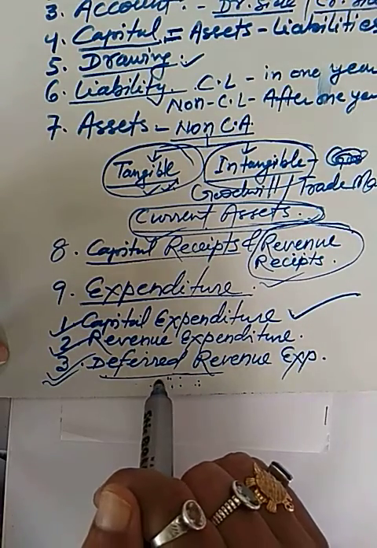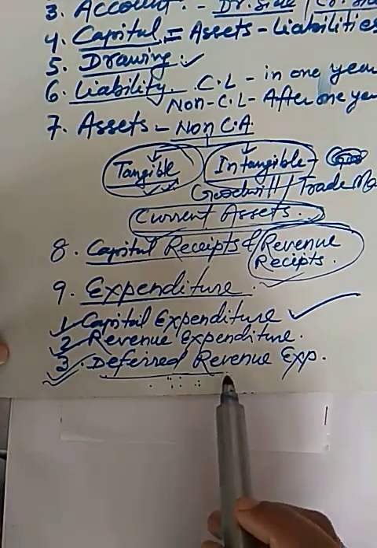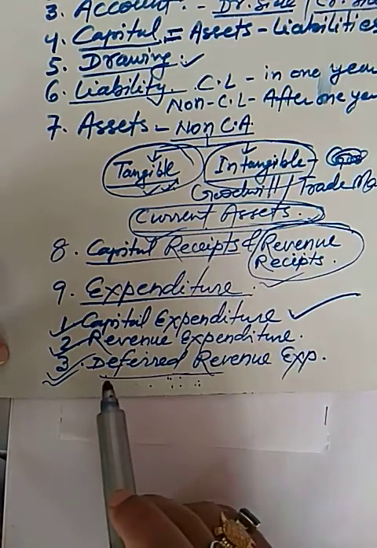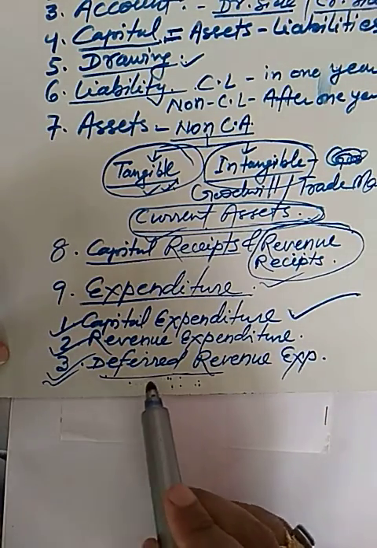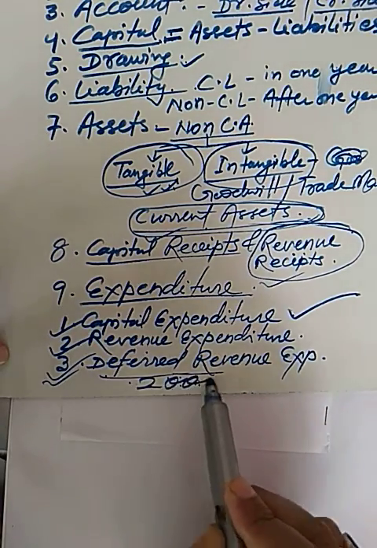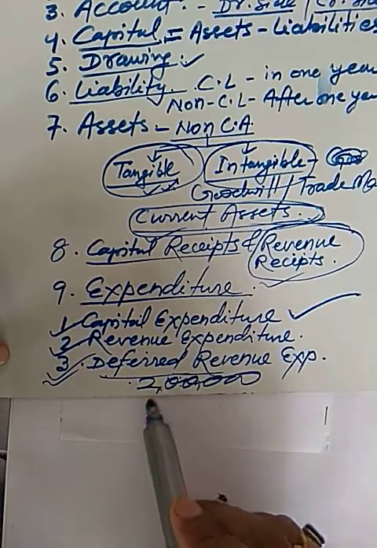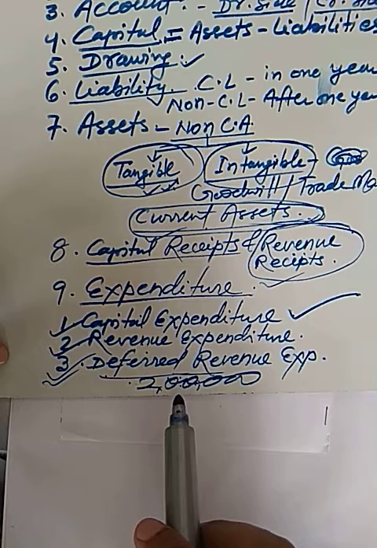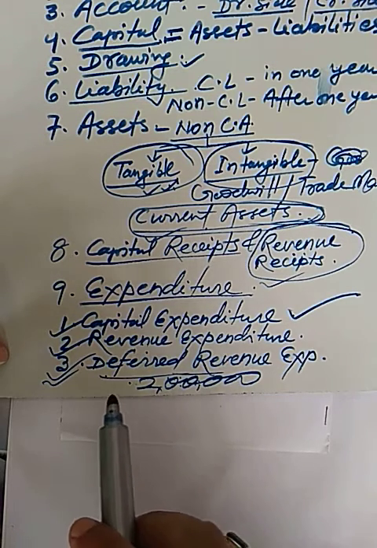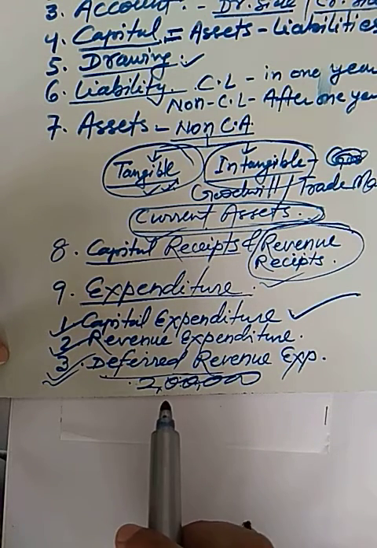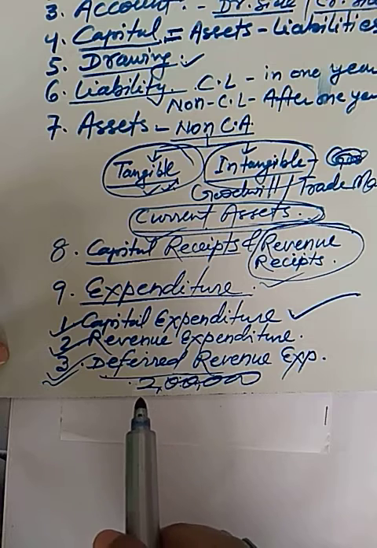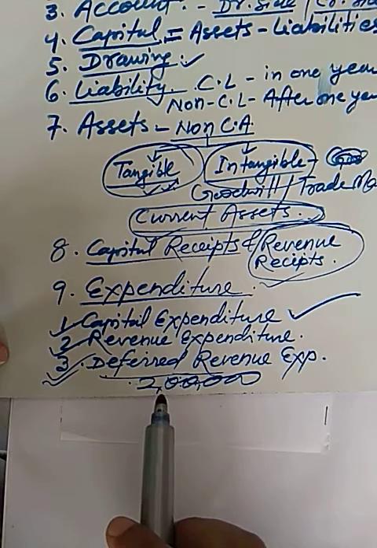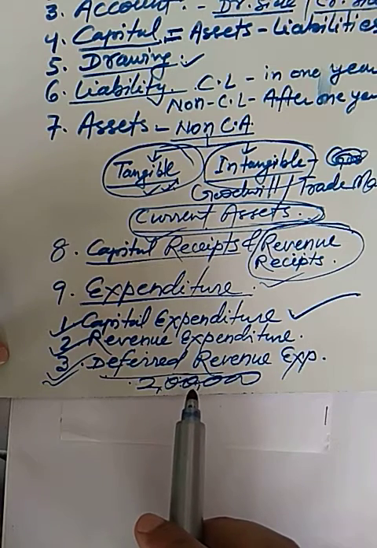For example, a firm spent a huge amount of 2 lakh on advertising to introduce a new product in the market, and it is estimated that its benefit will last 4 years.